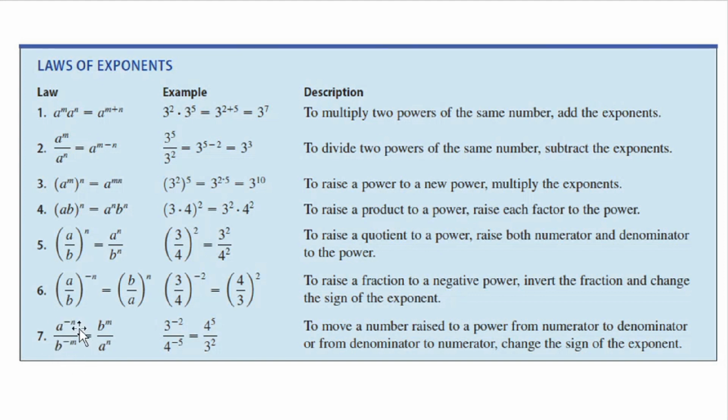So the base a has a negative exponent, so write that one in the denominator. Then b to the power of negative m, you also have to move that one to the numerator. So we're just exchanging the position from numerator to denominator or denominator to numerator. That's now b raised to m over a raised to n.